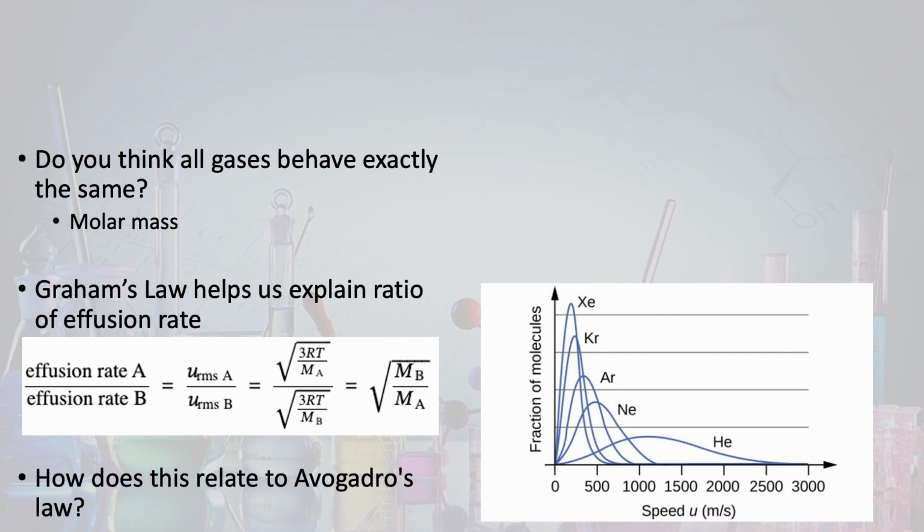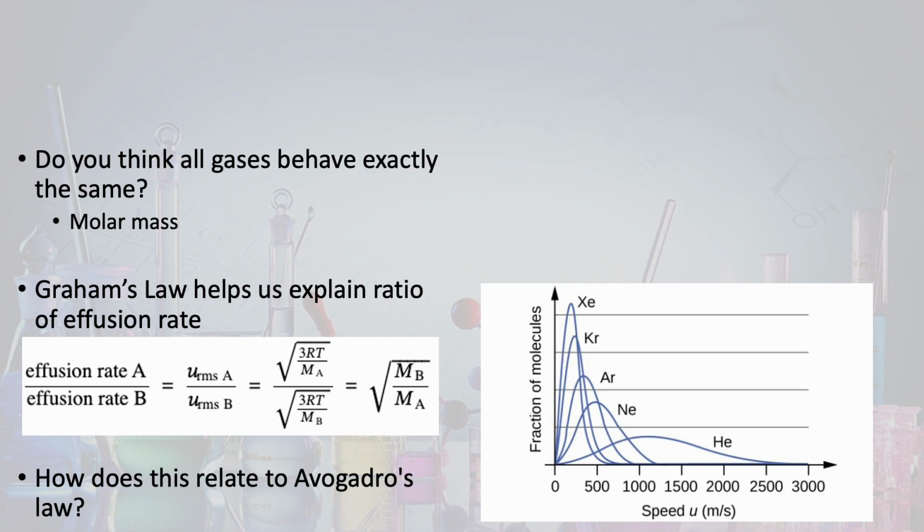And essentially what our equation here boils down to is the square root of the molecular mass of gas B divided by the molecular mass of gas A. And if we look over here again, so these are examples of different noble gases, all at the same temperature. And we can see that essentially as the molecular mass of each of our gases increases, right, helium, neon, argon, krypton, xenon, we actually see that their general speed slows.